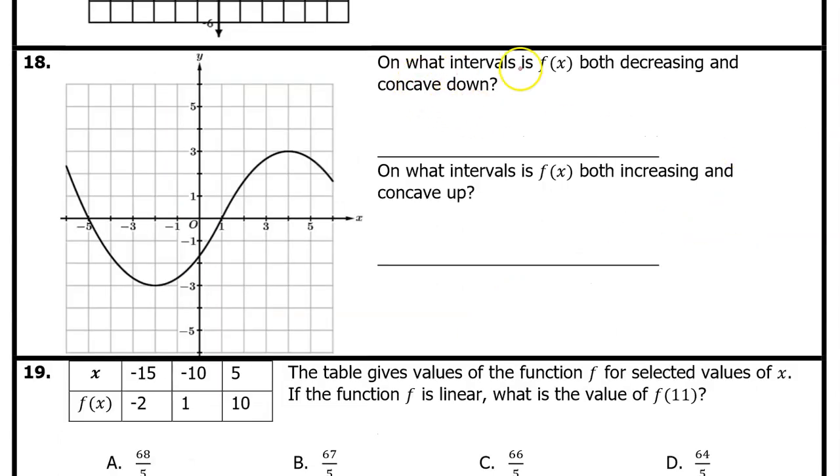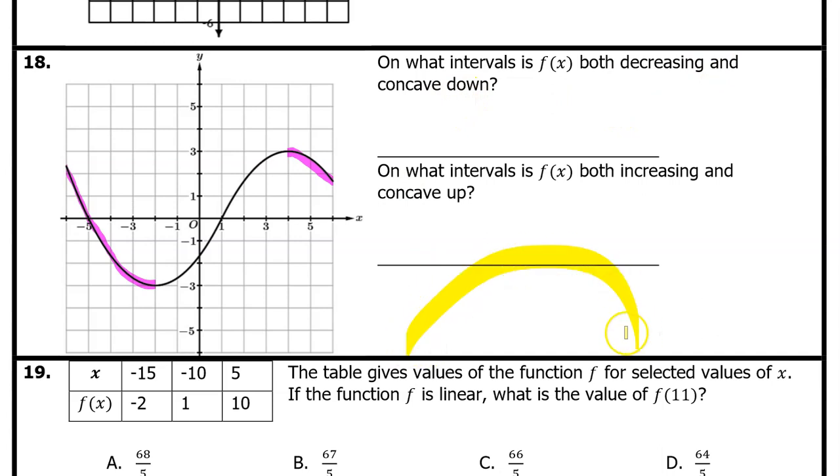18. On what intervals is f of x both decreasing and concave down? F of x is decreasing, meaning it's falling from left to right, from -infinity to -2. And then it's increasing for the middle interval, and then decreasing again from 4 to infinity. So that's decreasing. What about concave down?